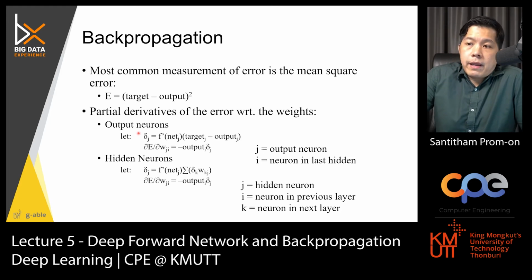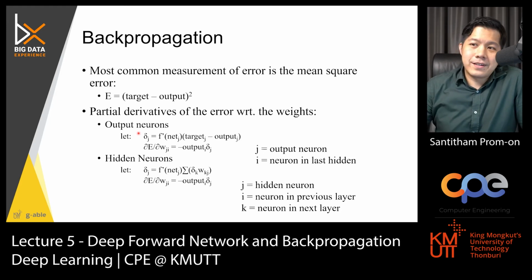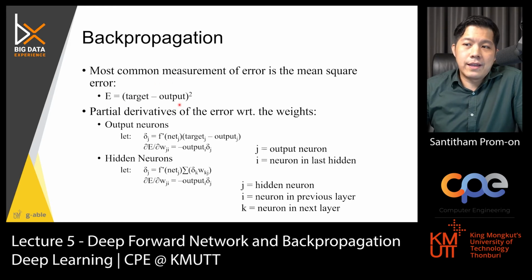Okay, so in summary, the back propagation, this is the old slide. We compute the error and then we feed the error from the output neuron, having the delta here as the gradient.